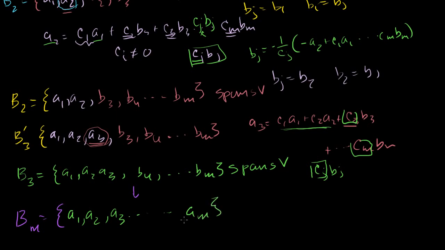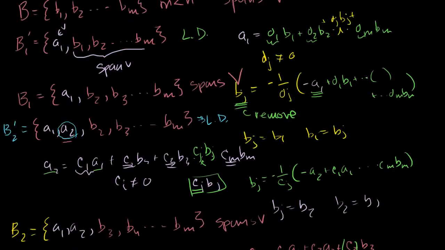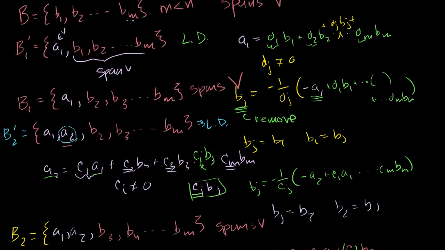You can always do this, if you started with that initial set B that is a spanning set. And once you do this process, you'll get the same result, that this also spans V. Now, this is the result we got by starting off with a spanning set B that has m elements, where we said that m is less than n, right?